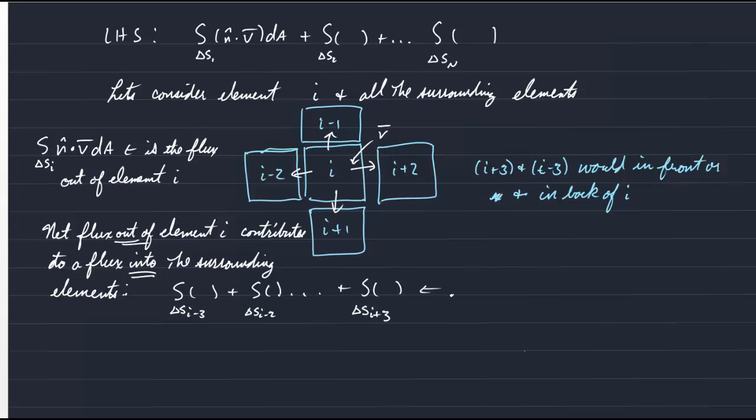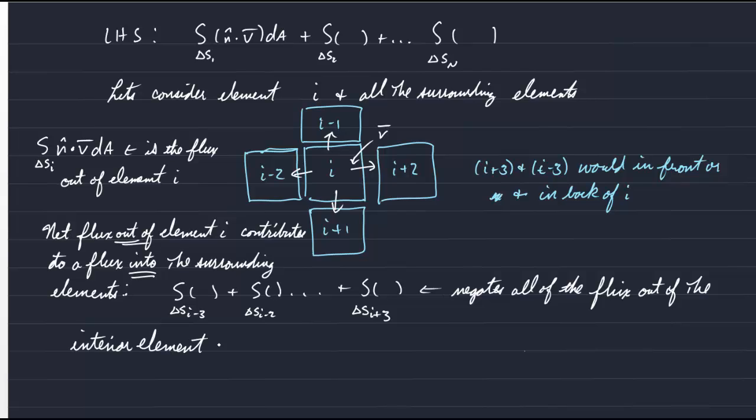That sum negates all of the flux out of the interior element I. In other words, all the outward flux of I enters other elements.